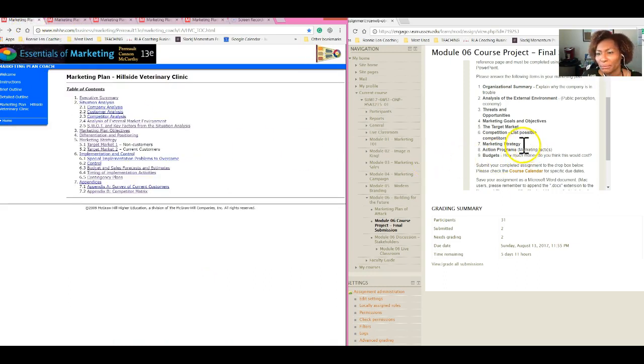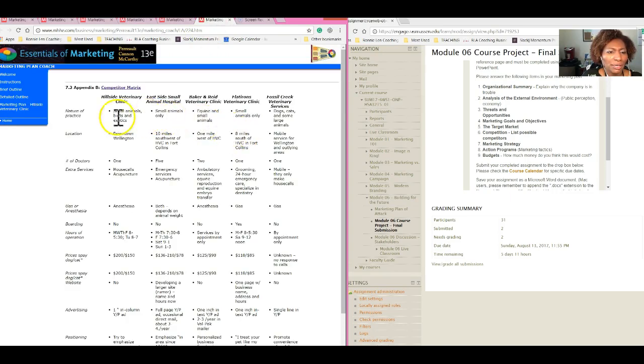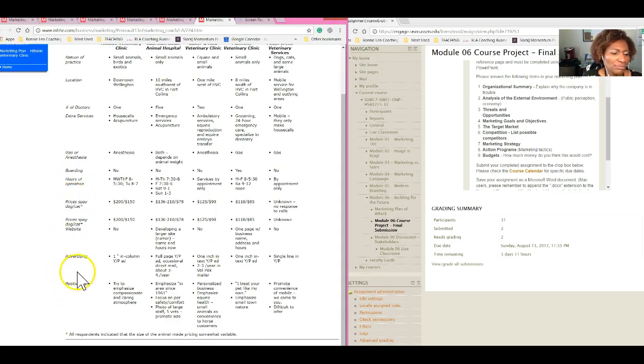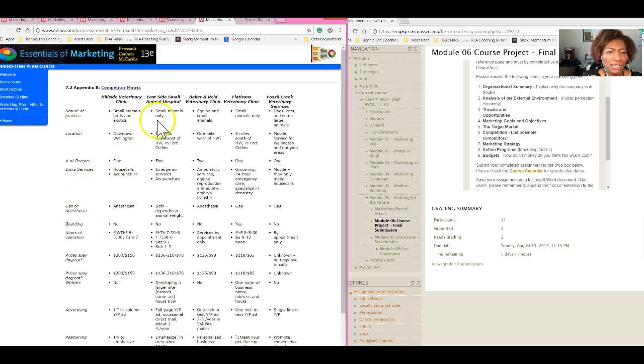Now, in going back to the plan, they describe who the competitors are. They actually have a competitors matrix. So they list all of the competitors. They list the location, number of doctors, the services, and it looks like all of the ways in which they promote or advertise and the services that they provide.